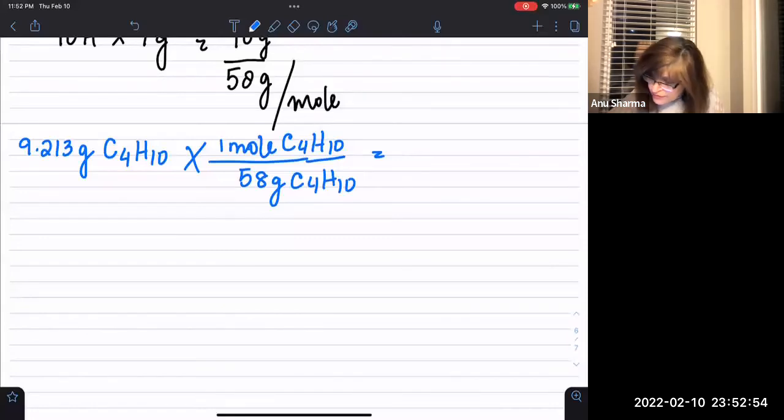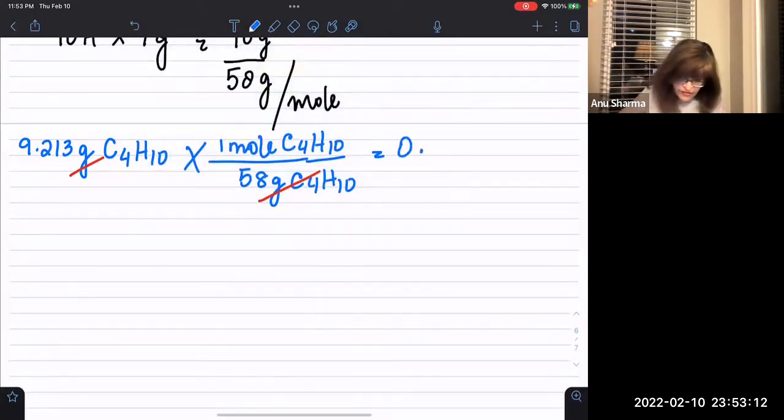When you do that, you see that the grams of C4H10 and the grams of C4H10 cancel out, and you're only left with the moles of C4H10. So 9.213 times 1 divided by 58, and that answer is 0.158844.